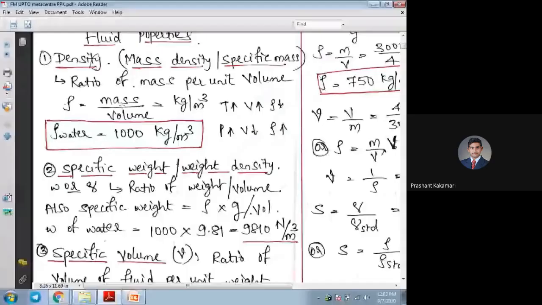Coming to the first definition, mass density is nothing but the mass of the fluid in a container divided by the volume occupied by the same fluid. We take it in kg per meter cube. So whenever the unit is kg per meter cube, it is the mass density.